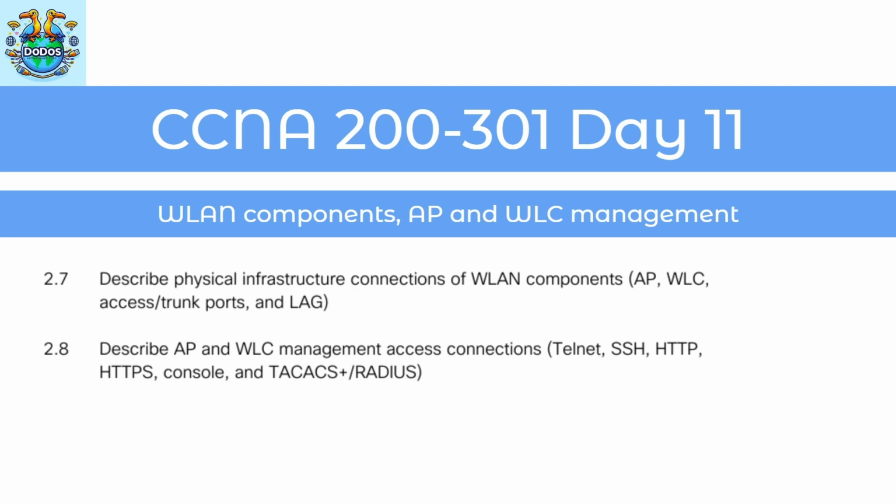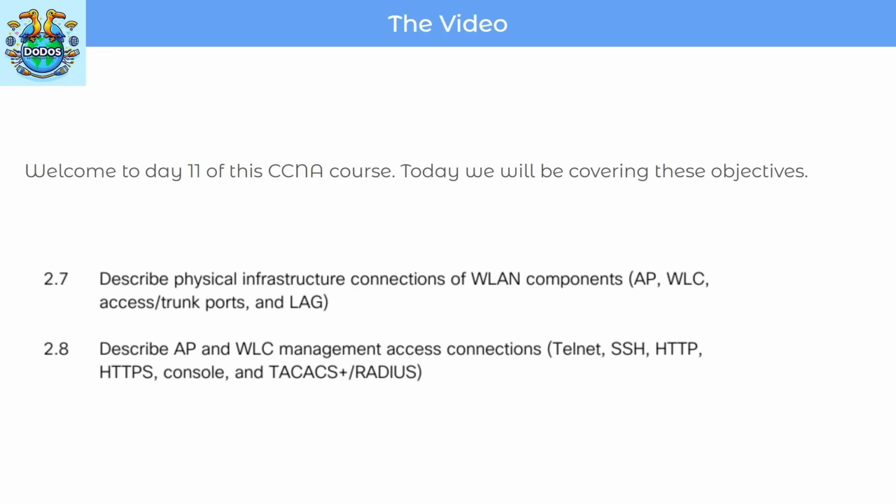We're going to be covering WLAN components, AP, and wireless LAN controller management. Let's get into it. In this video today, we will be covering these objectives. 2.7. Describe physical infrastructure, connections of WLAN components, AP, WLC, access and trunk ports, and LAG.